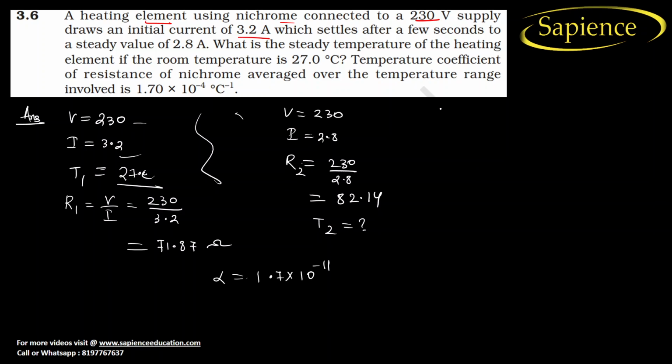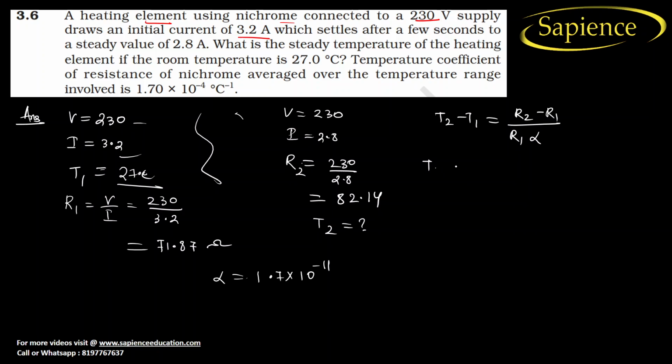We know the basic formula: T2 minus T1 is equal to R2 minus R1 divided by R1 into alpha. So put the values.